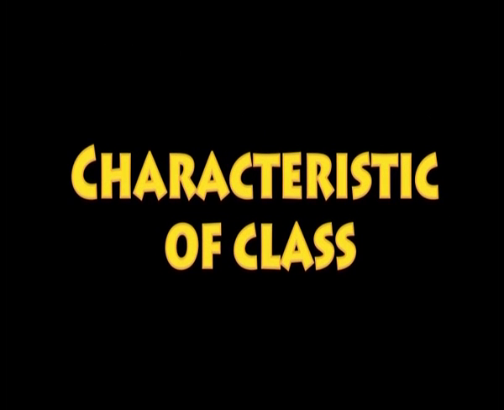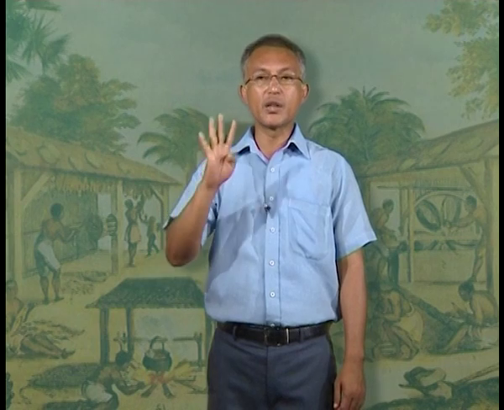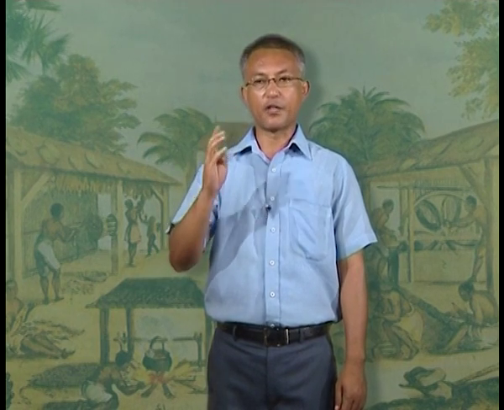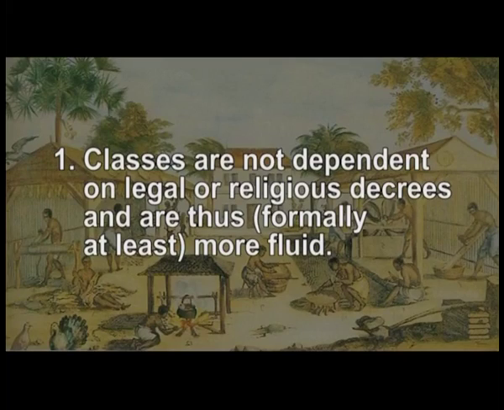Characteristics of class. When looked at from the perspective of social stratification, four main distinctions can be drawn as far as social classes are concerned. Number one, classes are not dependent on legal or religious decrees and are thus, formally at least, more fluid.